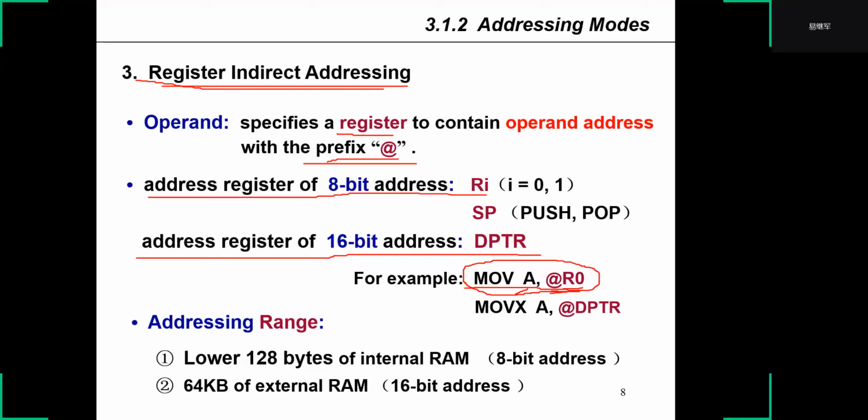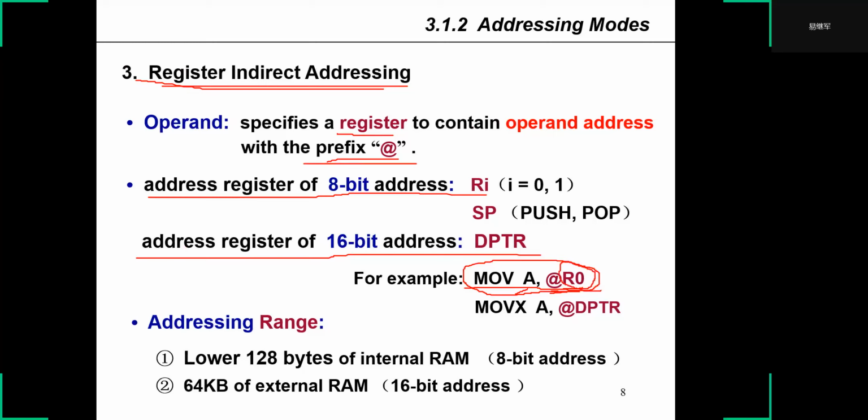If you see an @ before the register, you know there is an address value in the register.